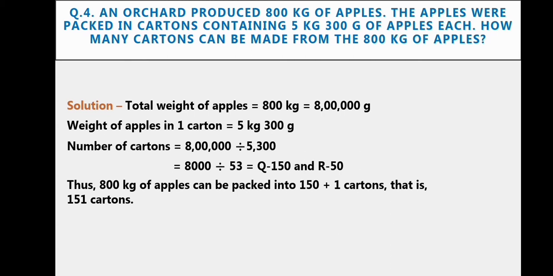Thus 800 kg of apples can be packed into 150 plus 1 cartons, that is 151 cartons. Now why have we added 1? Because there are apples remaining, so we have to put these also in one carton. So we have to add one more carton. So we have got 151 cartons.